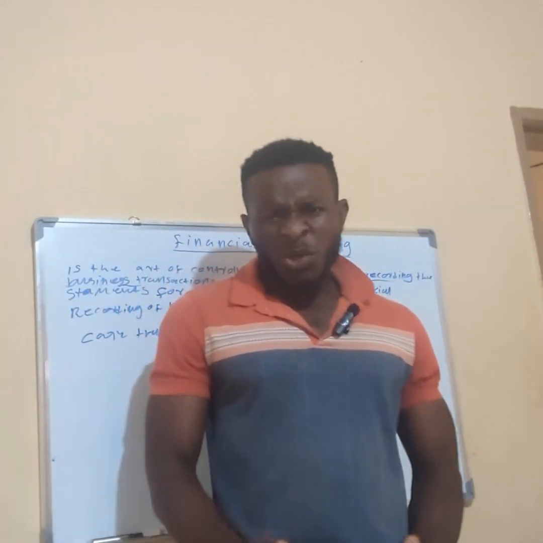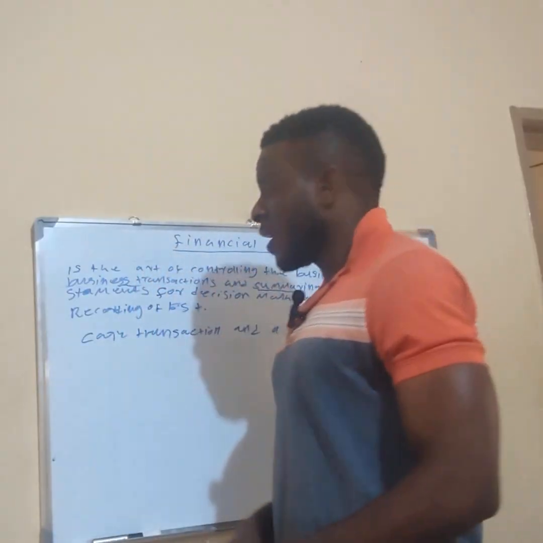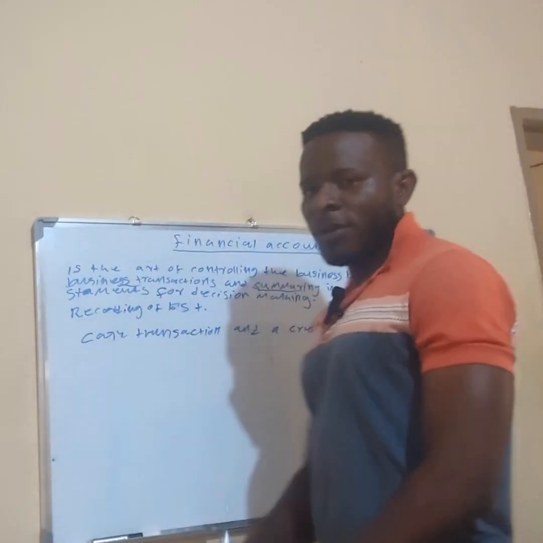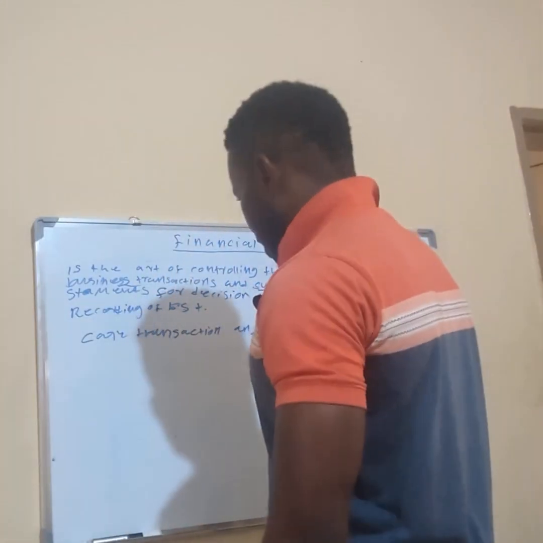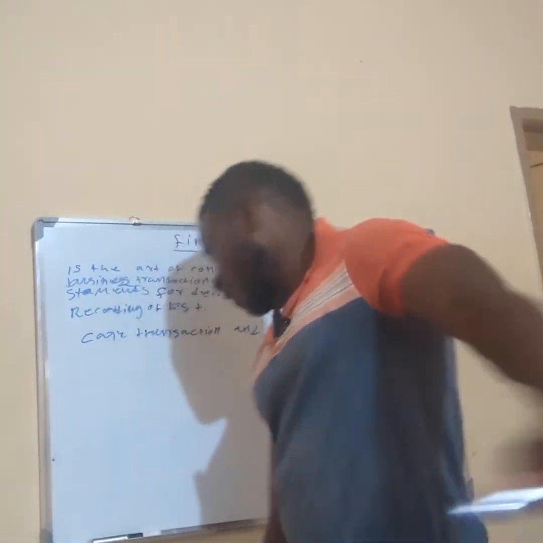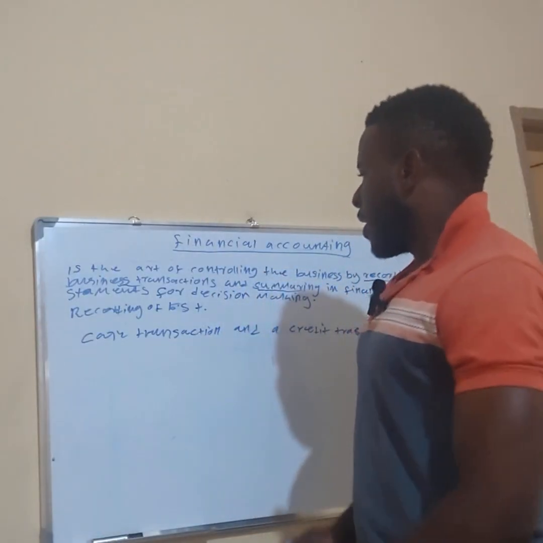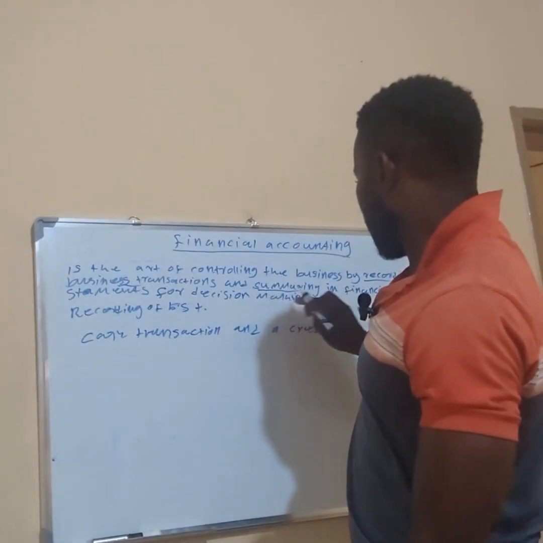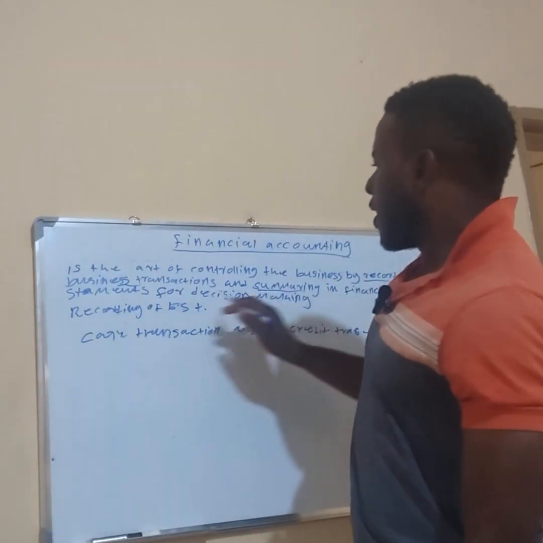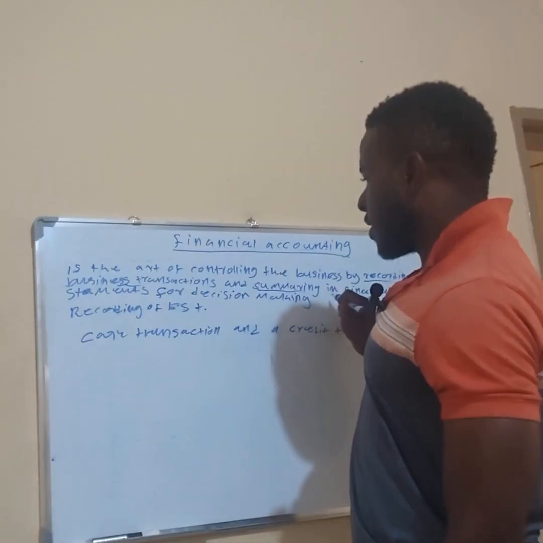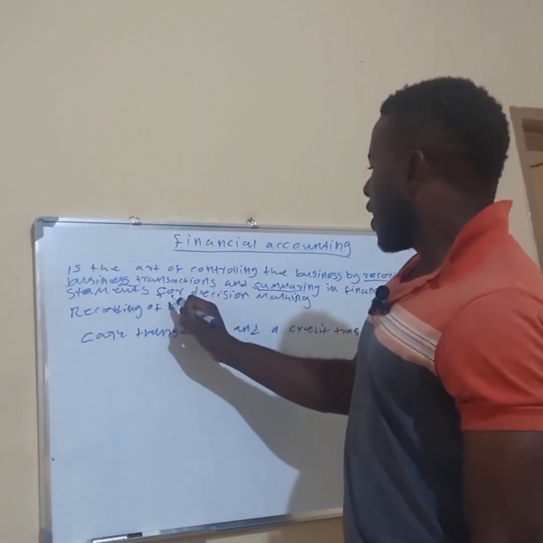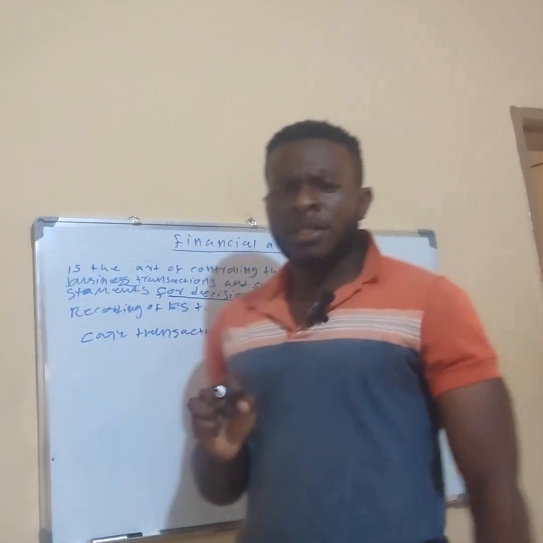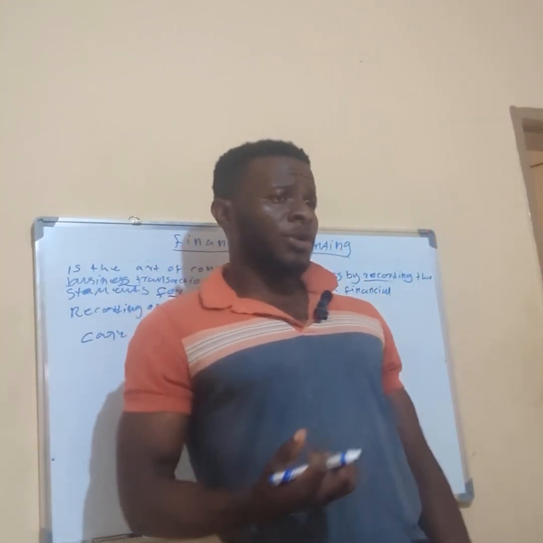So now let's talk about the users. Today we just talk about the overall definition of financial accounting and whatever is involved in it. At the end of this definition, there's a statement which says, for decision making. What is it really talking about?